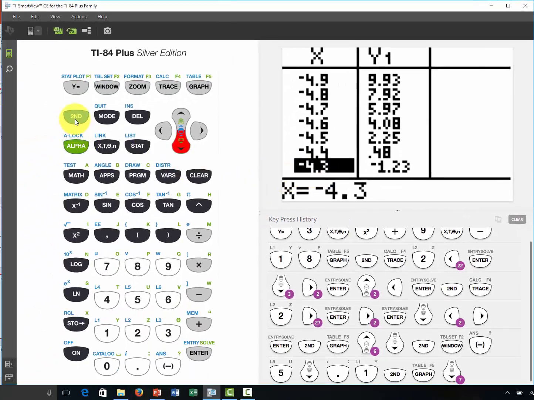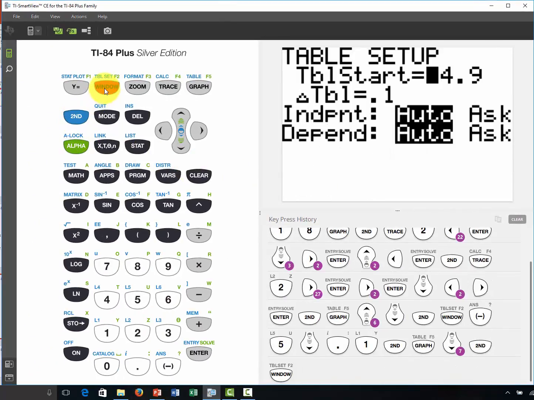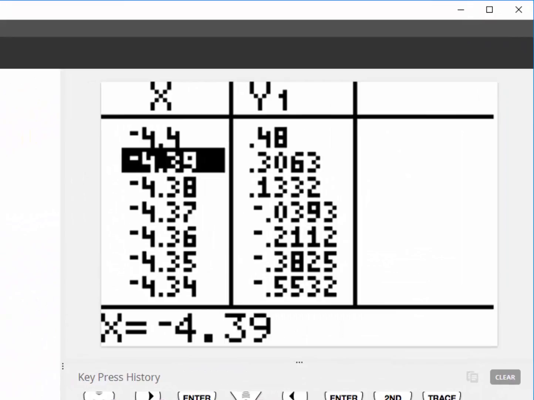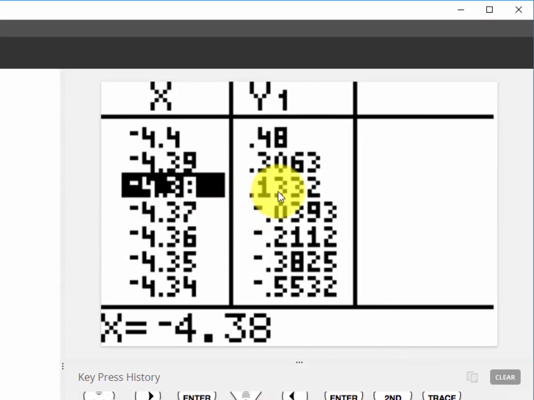If I want to be more precise, go back to table set. We'll start at -4.4, and then this time we'll count by 0.01. And as we scoot down, here is the change in the sign, and that's happened between -4.38 and -4.37.